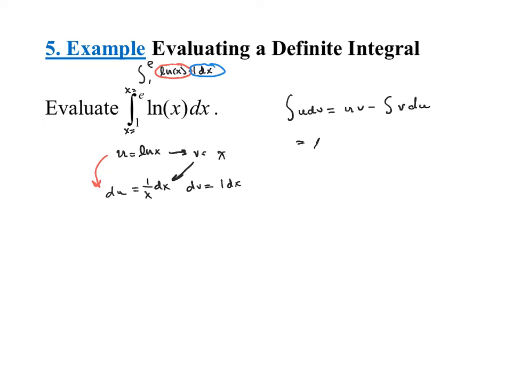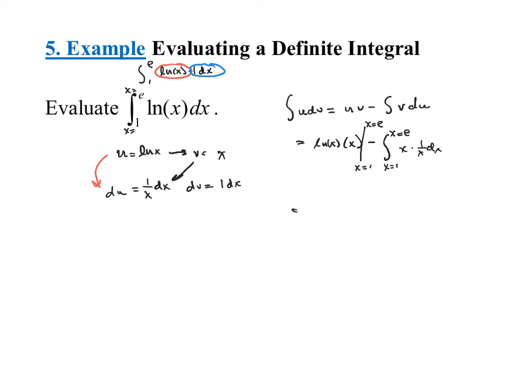So this is going to be equal to, well, now we have to do u times v. So that'd be the natural log of x, which is u, times v, which is x, minus the integral. And again, these still are going from x equals 1 to x equals e. And by the way, we need to evaluate that from x equals 1 to x equals e. And this would be the integral of v, which is x, times the derivative of u, which is 1 over x dx.